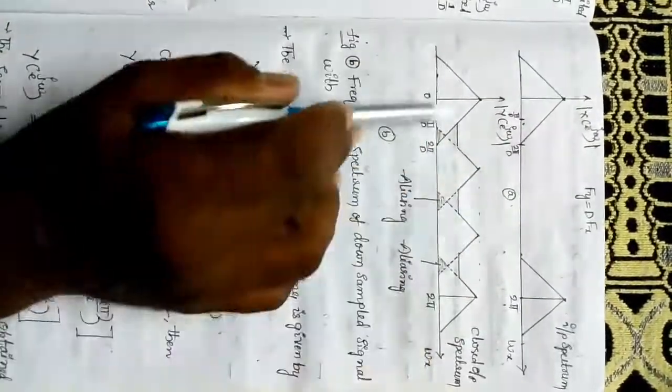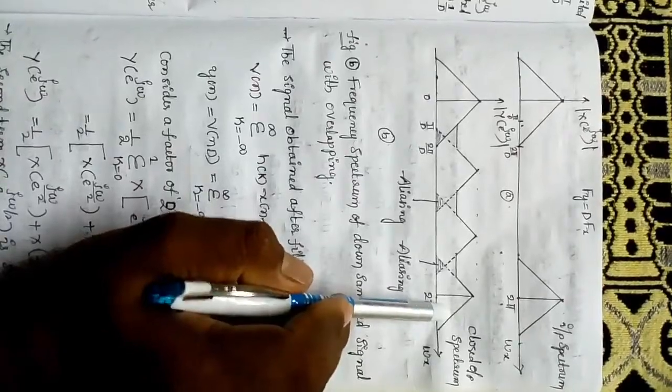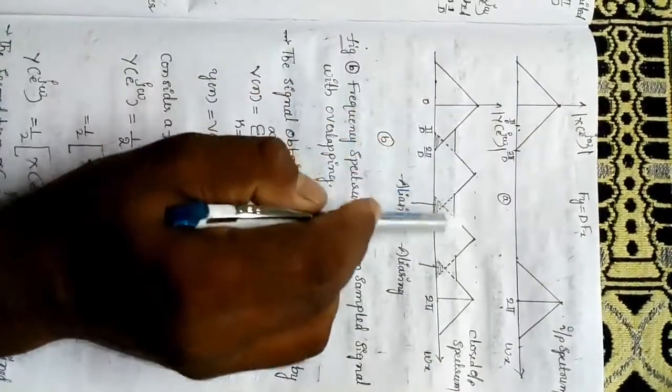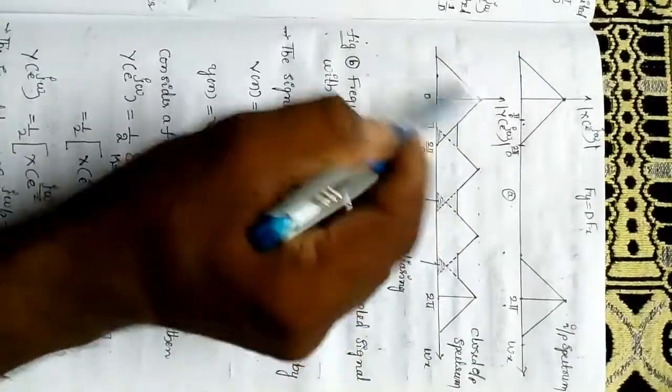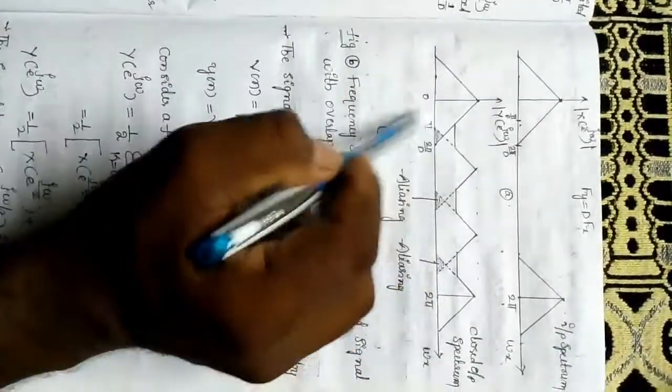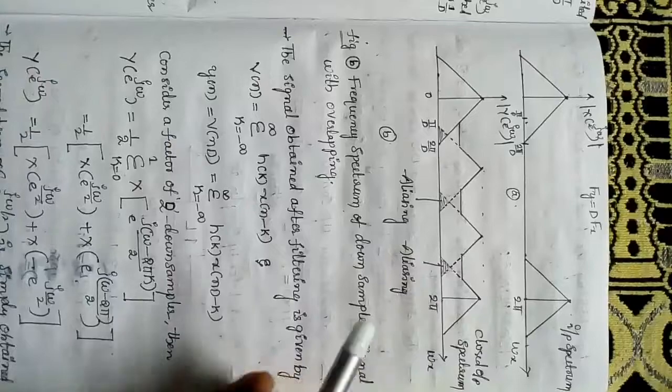This is the input spectrum and this is the closed output spectrum. These two spectrums are overlapped here, and that overlap is known as the aliasing effect. This whole diagram is known as the frequency spectrum of the downsampled signal with overlapping.